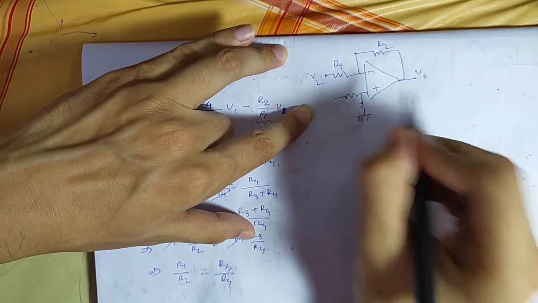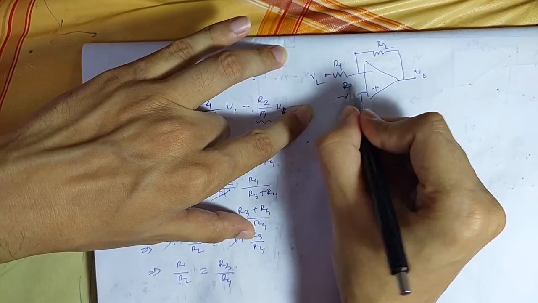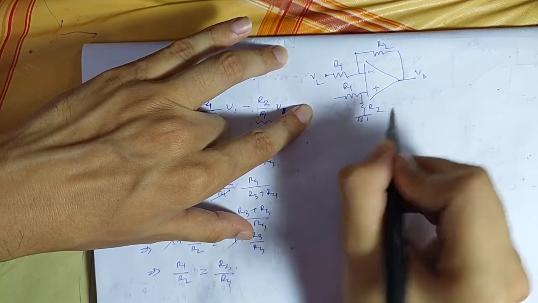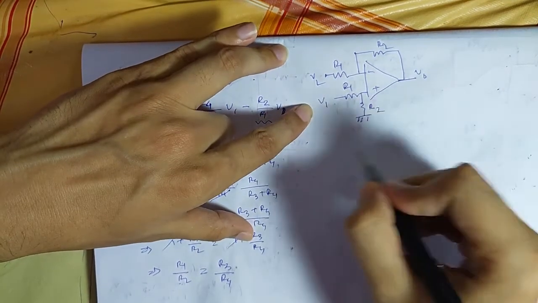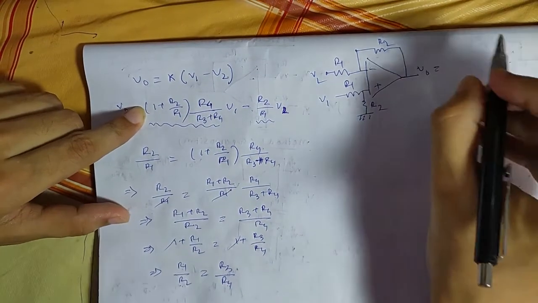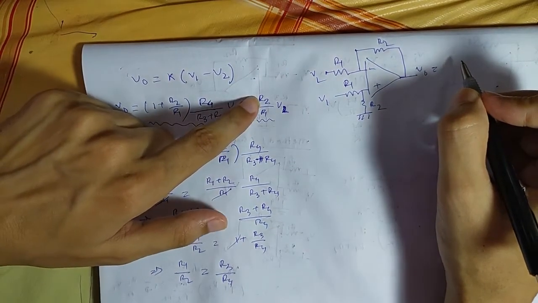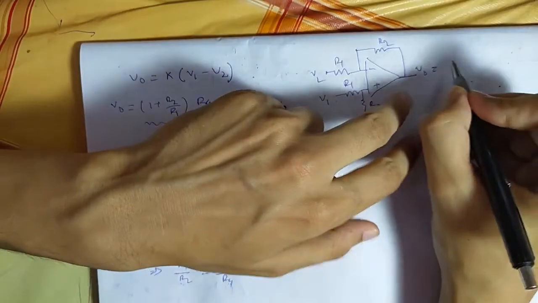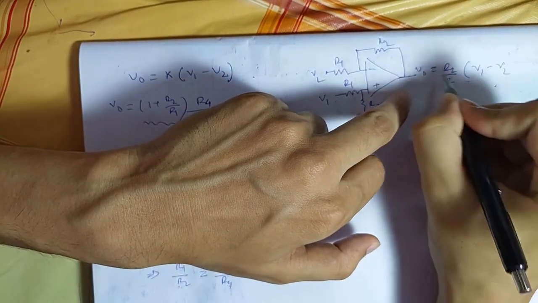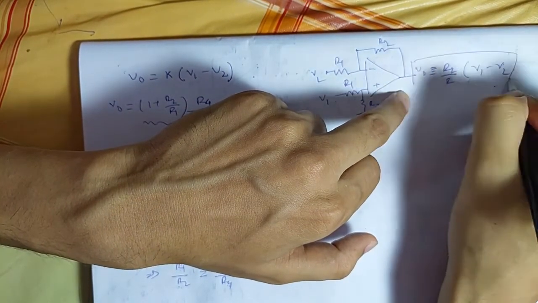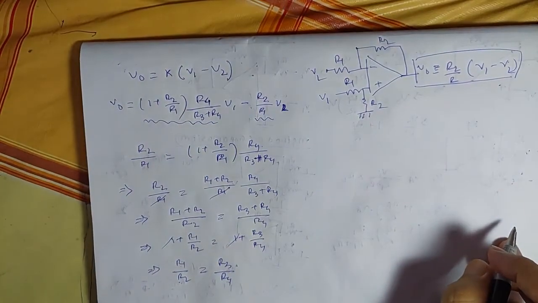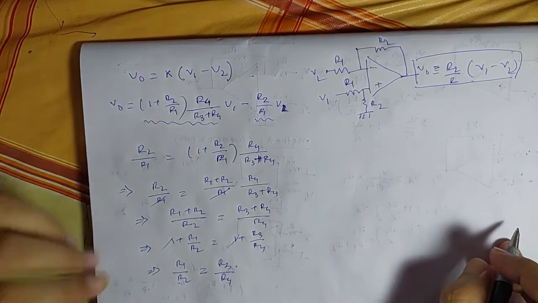So R3 should be equal to R1, and R4 should be equal to R2, and V1. At this condition, your output can be written by taking common R2 by R1, as R2 by R1 times V1 minus V2. So that is method 1, using the superposition law.